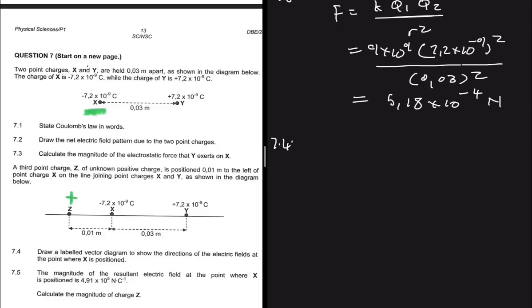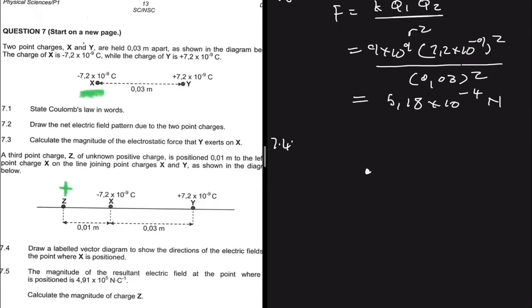So let's say X is positioned somewhere here. We're going to have an electric field as a consequence of our charge Z, right? So let's call it E1 pointing to the right, and then the electric field due to Y is going to be to the left, right?